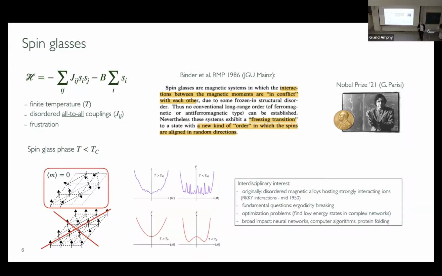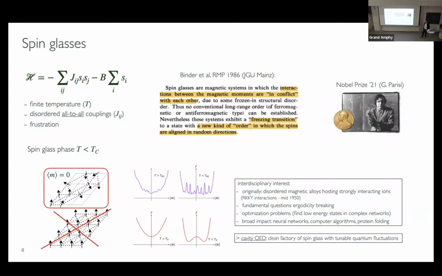They were introduced in the context of solid state in the 50s, right? But basically, it's pretty clear that they connect to fundamental questions on ergodicity breaking, and their real applications go beyond just fun words to many other fields of science. I don't have the time to go through them, and maybe not even the expertise.